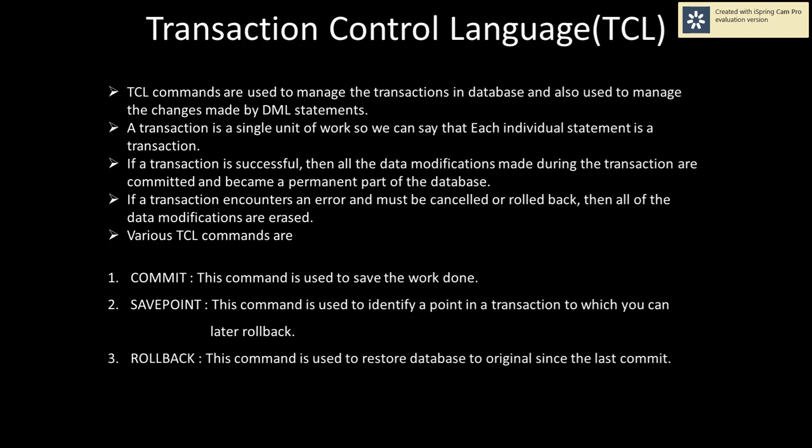Next, rollback. I have already told that the rollback command is used to roll back the transaction to a particular point. This command is used to restore the database to the original state since the last commit, so it will roll back to the last commit.